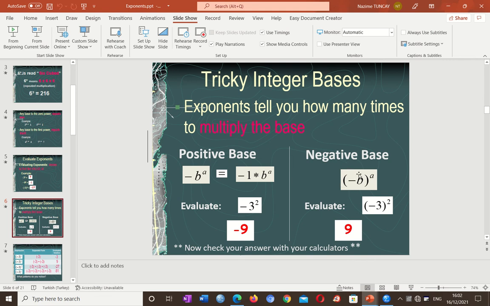If I have it in brackets, like here, this means that minus 3 multiplied by minus 3. I repeat minus 3, I multiply this number by itself, and it is 9. So it is really important whether I have brackets or not.